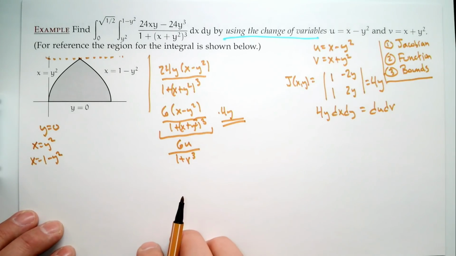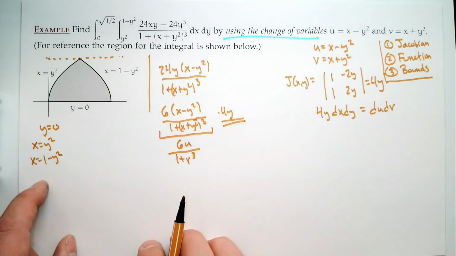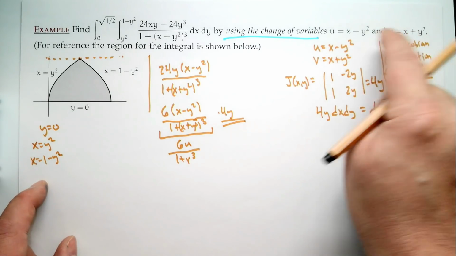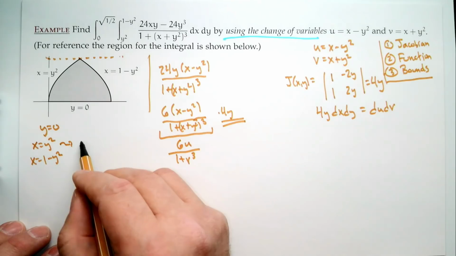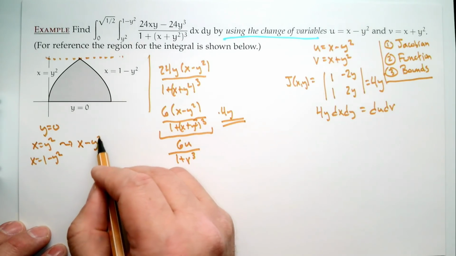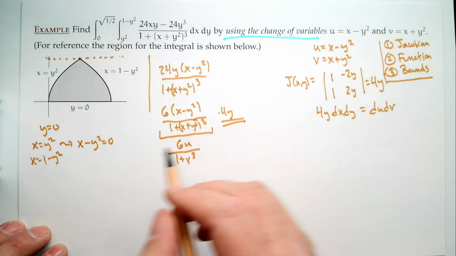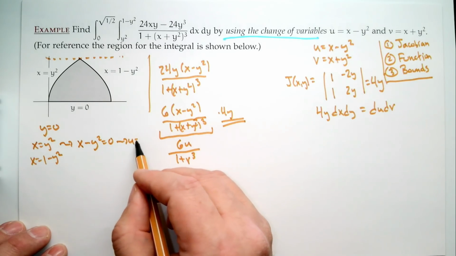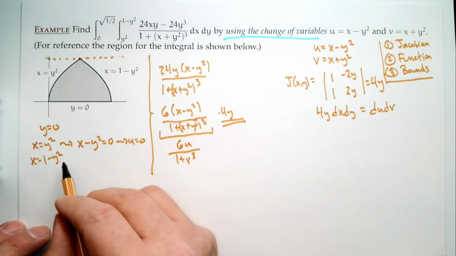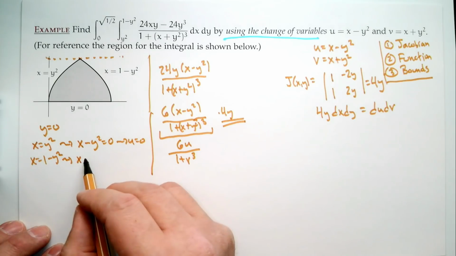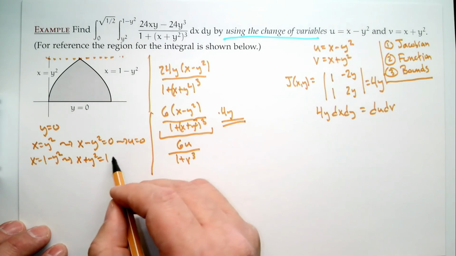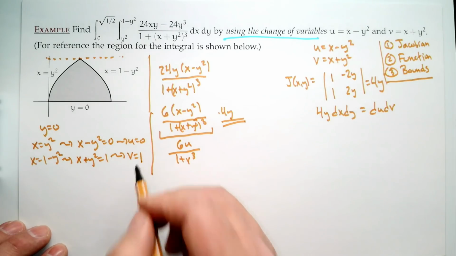Again, what are we doing? We want to take these expressions and see what they become in terms of u and v. Now, some of these are pretty straightforward. For instance, this x equals y squared becomes x minus y squared equals 0, which becomes u equals 0. And similarly, this x equals 1 minus y squared becomes x plus y squared equals 1, which becomes v equals 1.